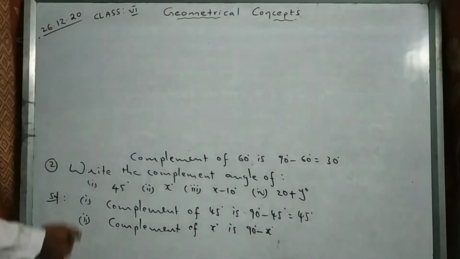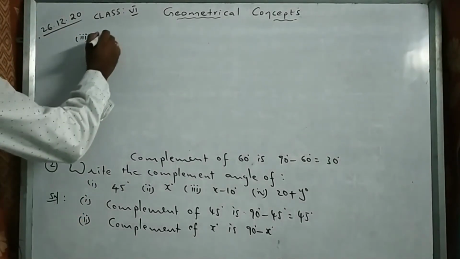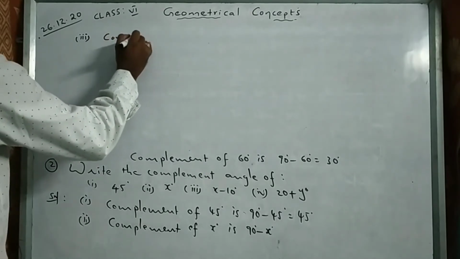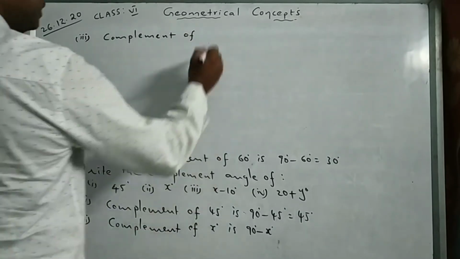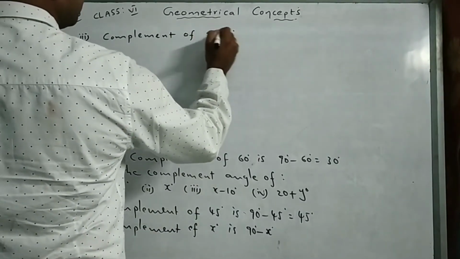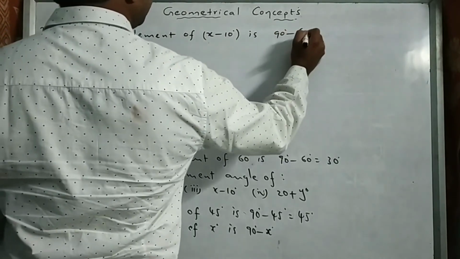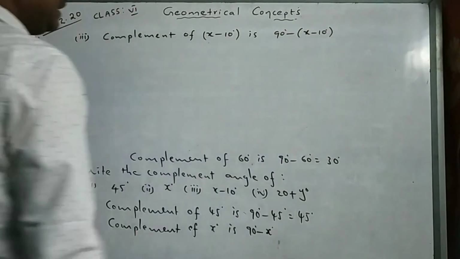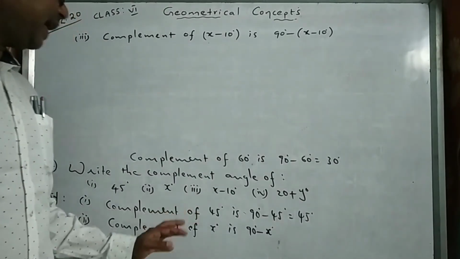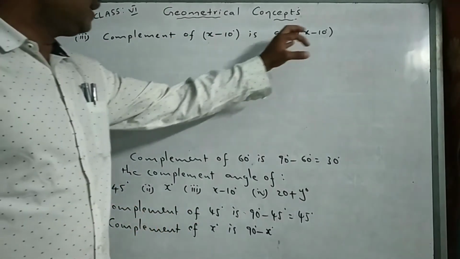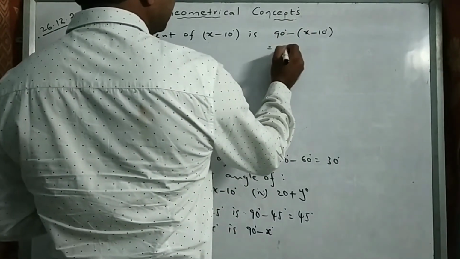Third one says, the complement of x minus 10 degrees is 90 minus of x minus 10. As I told you, to get the complementary angle of a given angle, that given angle should be subtracted from 90. So you can simplify this.